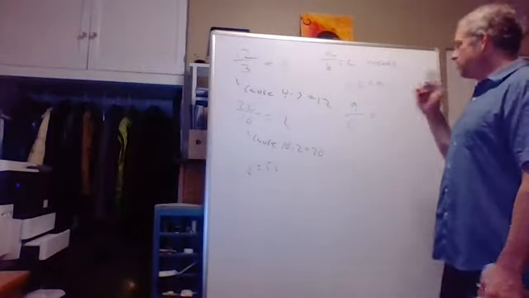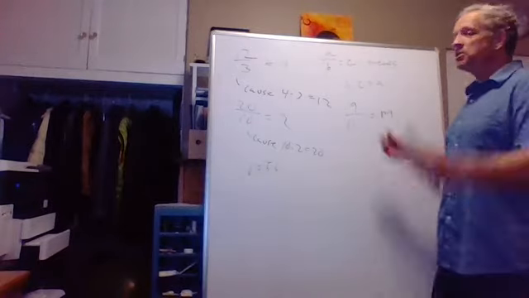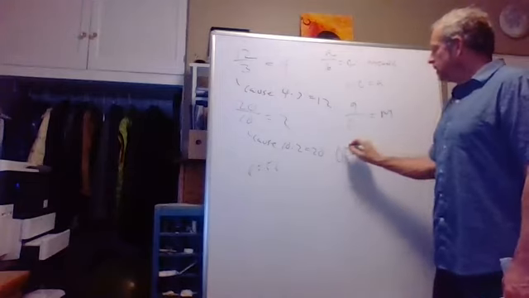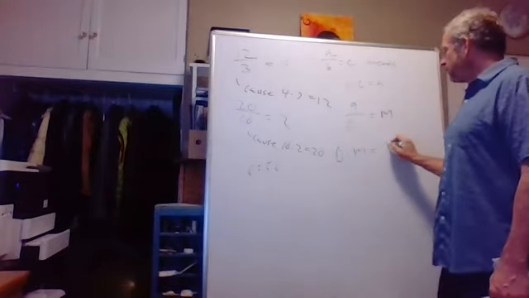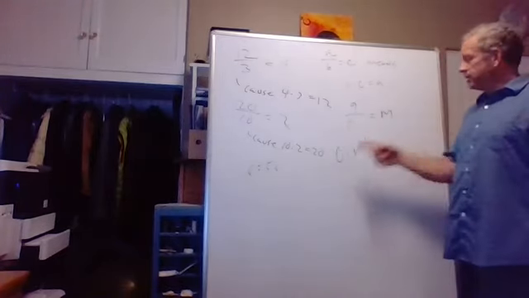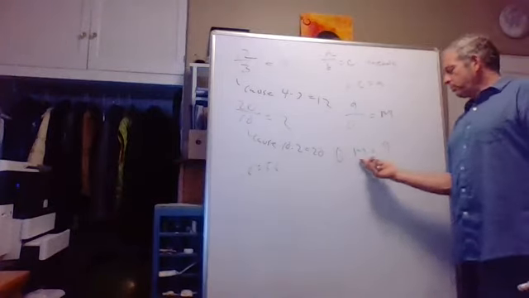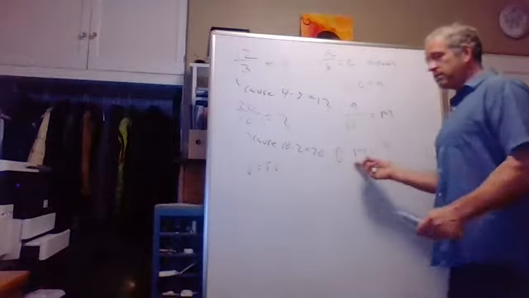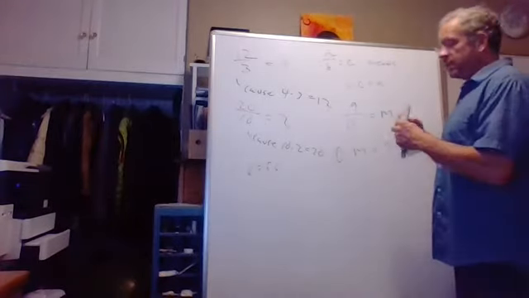Let's call it M. If this was true, then 0 times M would have to equal 9, according to the definition. 0 times what number equals 9? The answer is no number. There's no solution to this equation, and that's why you can't divide by 0.